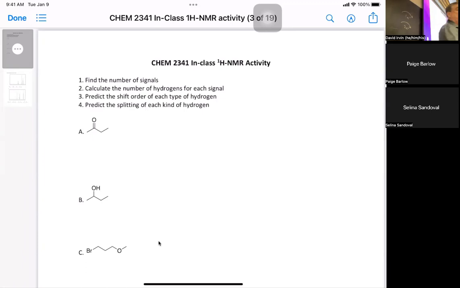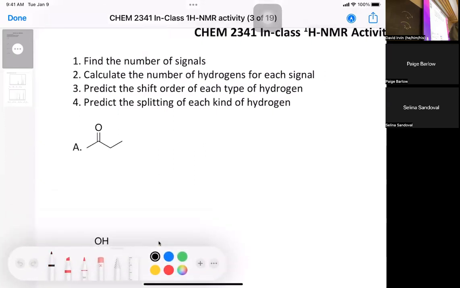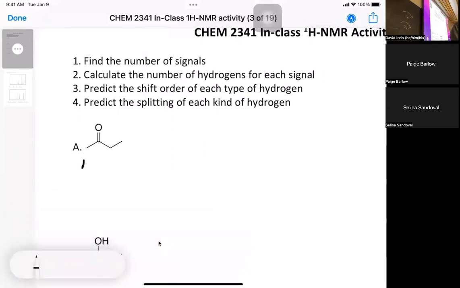Okay, so I'm going to do this first one here, and we're going to predict the number of signals first. So I'm going to start with labeling. I'm going to label this A, B, C, and D. We have that many carbons.